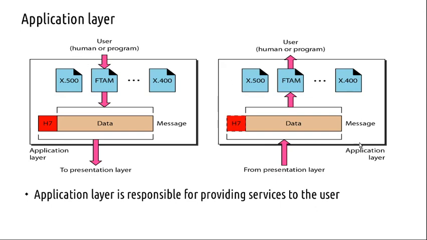So the user interacts with the network, uses the network, using these application layer software, and the user is not aware of what all is happening behind the scenes. You are just typing in Word, you don't know how it is encrypted, whether it is compressed, whether you are talking on a secure line.